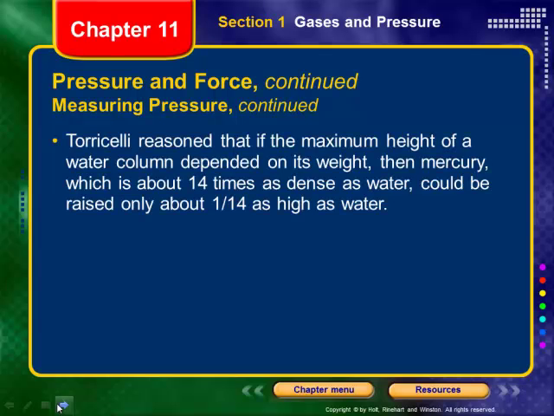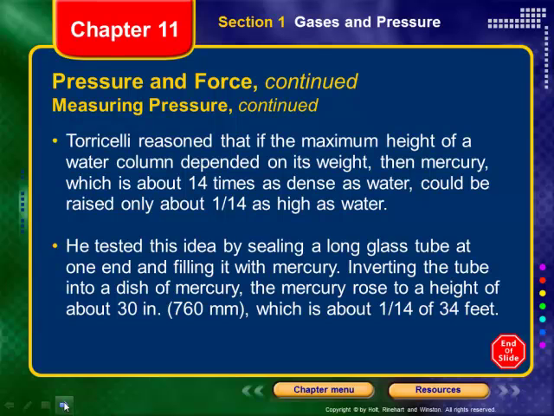And so he reasoned that if he used mercury instead of water, it would give him a column that would be more easily measured. Instead of having to measure the height of a column 34 feet, he could measure 1/14 of that. So he sealed a glass tube at one end, filled it with mercury, and inverted that tube into a dish of mercury.